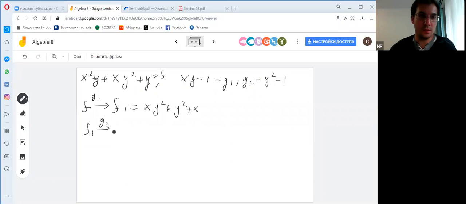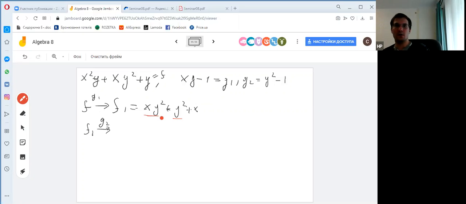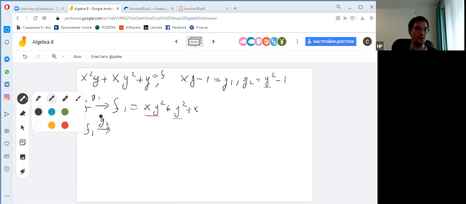We have two possibilities. This term or this term. They are both divisible by the leading form of g2, which is here. Let us do the first term first, and then we reduce the second term. Formally, these are two different reductions.